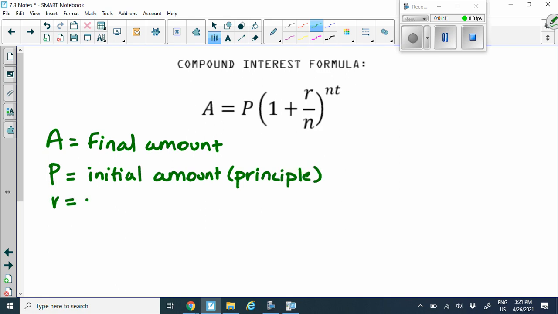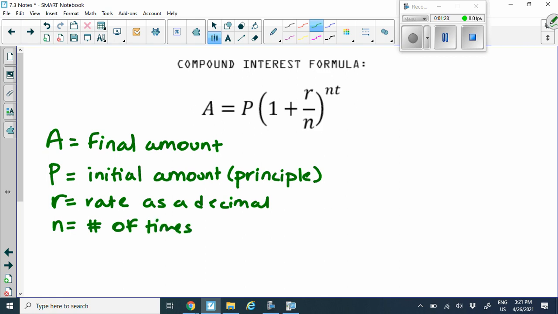R is going to be the rate, as we did before with our exponential decay and growth models. And we need to make sure it's a decimal, so no longer a percentage. N is going to represent the number of times we compound per year.